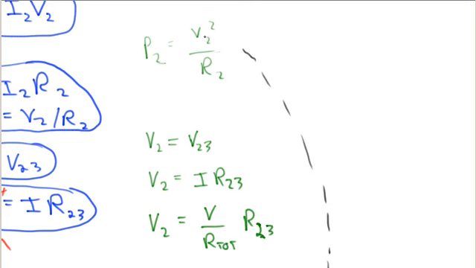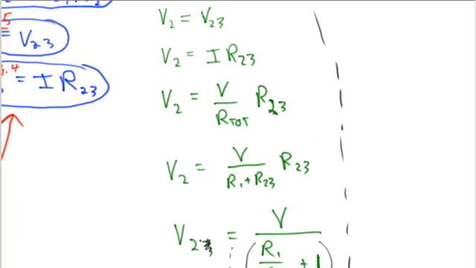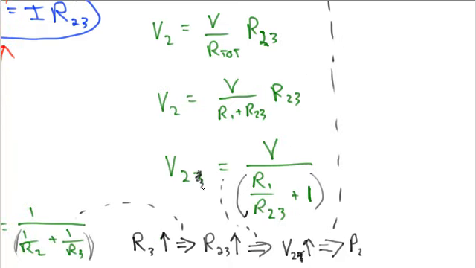R2 is a constant. So if V2 increases, P2 increases. And again, I use the fact that V2 is equal to V23, so V2 is equal to all this stuff. That was just a mistake to be writing that down as V23 at that stage. It's true, but from the line above, I should have copied it down as V2.